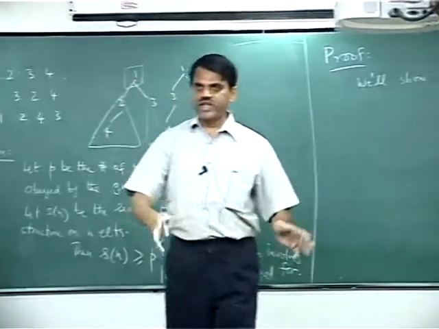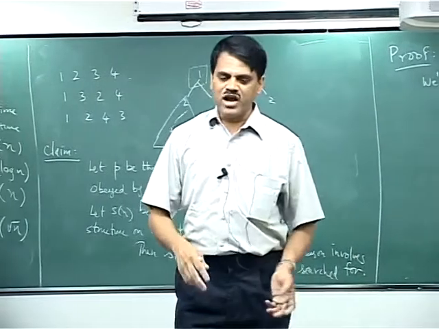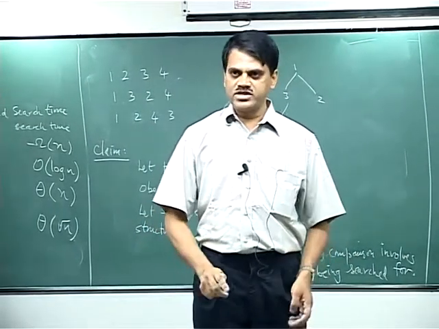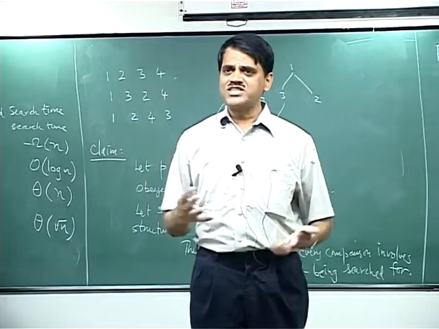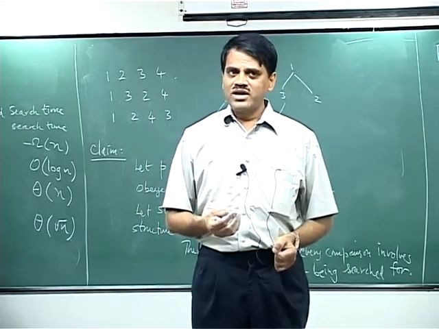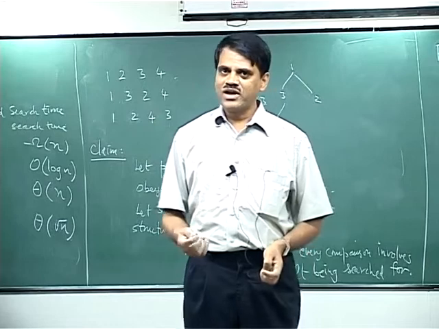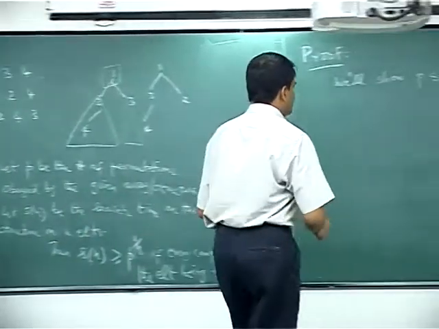I give this array and I tell you the number of permutations, and you come up with a search algorithm. What is a search algorithm? It is just a comparison tree.